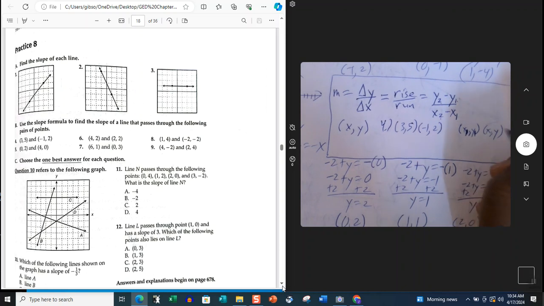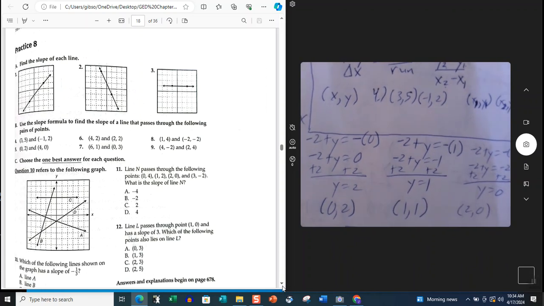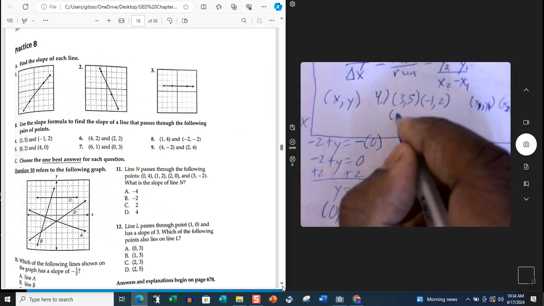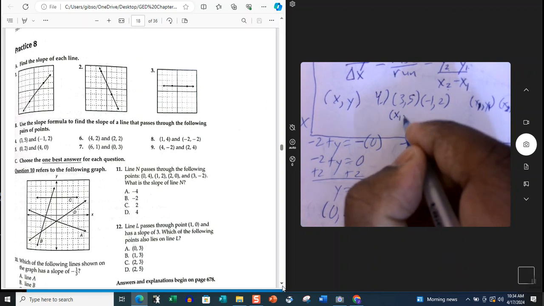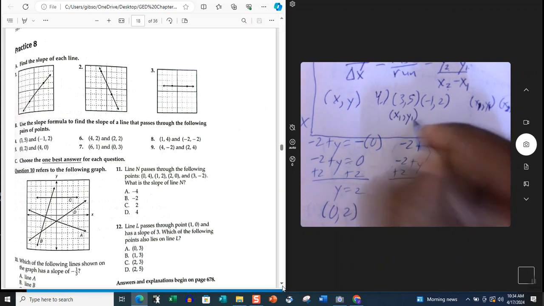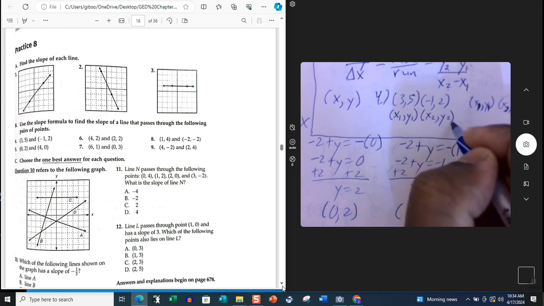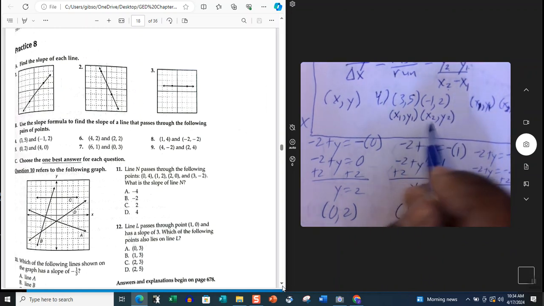That is your first one. The second coordinate is your x sub 2 and your y sub 2. Matter of fact, let me do this. I'm going to put them below each other. This first parenthesis is your x sub 1, y sub 1. The second parenthesis is your x sub 2, y sub 2. So this is letting you know what each of these mean.